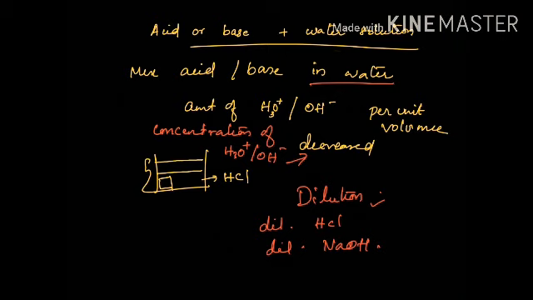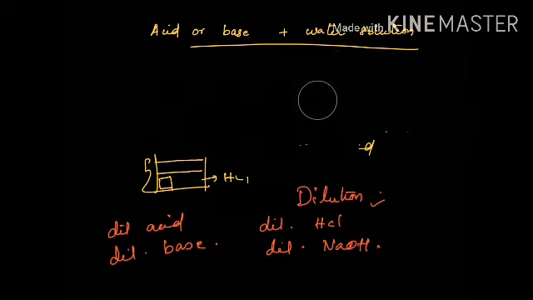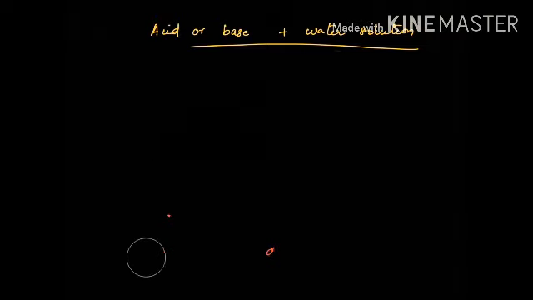Whenever we are mixing an acid with the water, we call it a dilute acid. If we are diluting a base, then we call it a dilute base. Depending upon that, we have different categories of acids and bases, so we can study about that now.